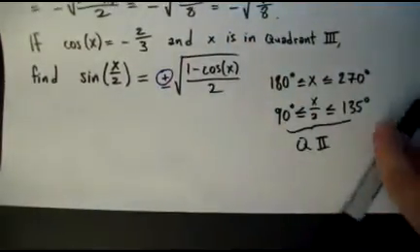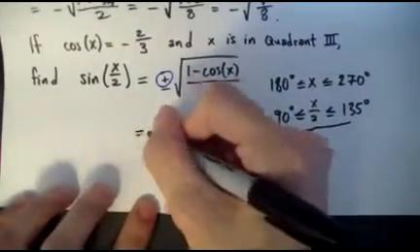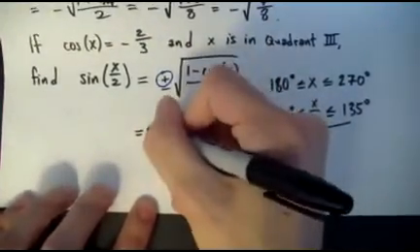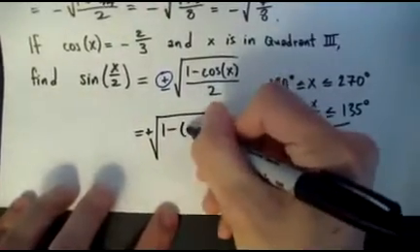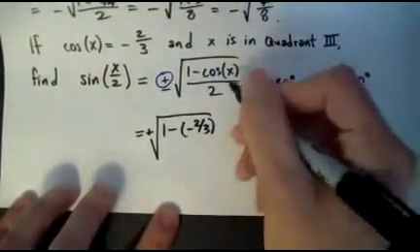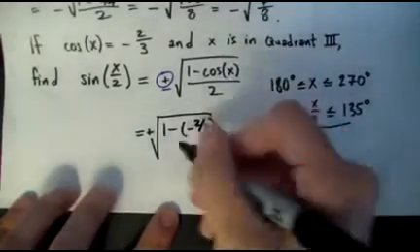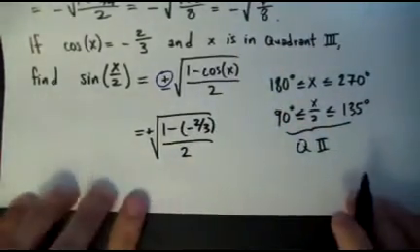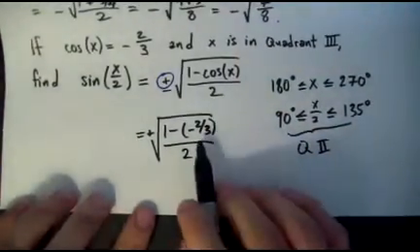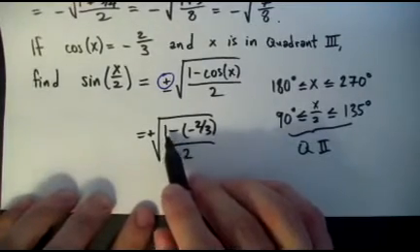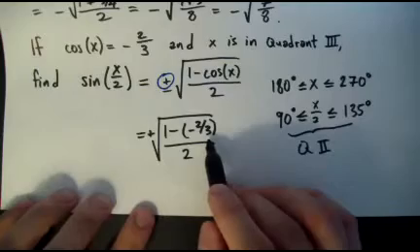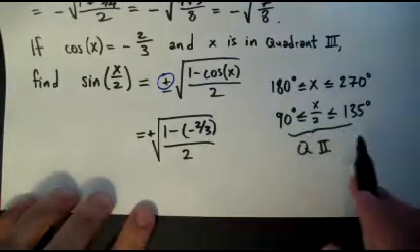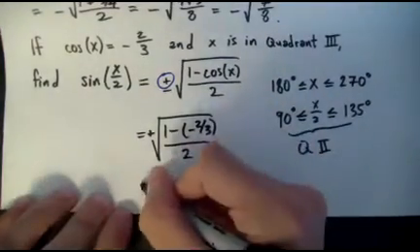We now have everything we need, so we can plug into the formula. We get the positive square root of (1 minus 2/3, that's what cosine of x is) all over 2. And if we simplify this a little bit, 1 minus 2/3 is 5/3.